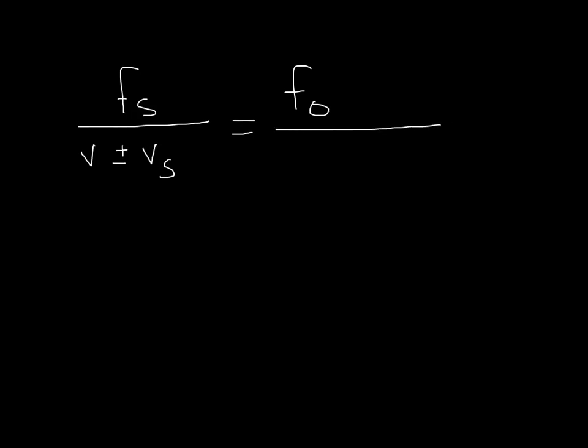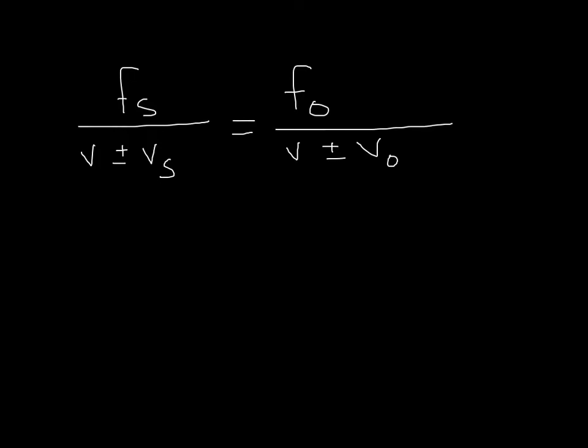It's the frequency of the source divided by the speed of sound plus or minus, we'll talk about that in a minute, the velocity of the source, is equal to the frequency observed, where O means observer and S means source, over the speed of sound plus or minus the velocity of the observer. So get that, pause the video, get the equation down.